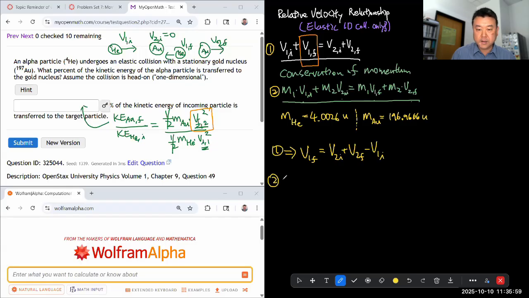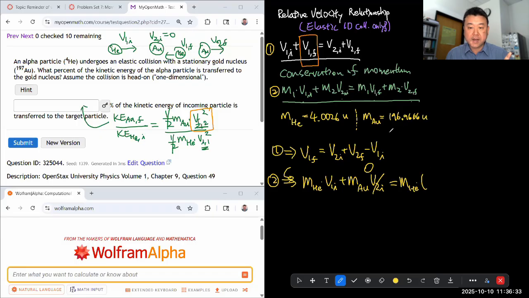Then I get M1, let me write it out as mass of the helium particle times V1 initial as it is, plus M2, that's mass of the gold particle, times V2 initial. Oh, but V2 initial is 0. So this simplifies my expression somewhat. And I have mass of the helium times, now I use this expression instead of V1 final.